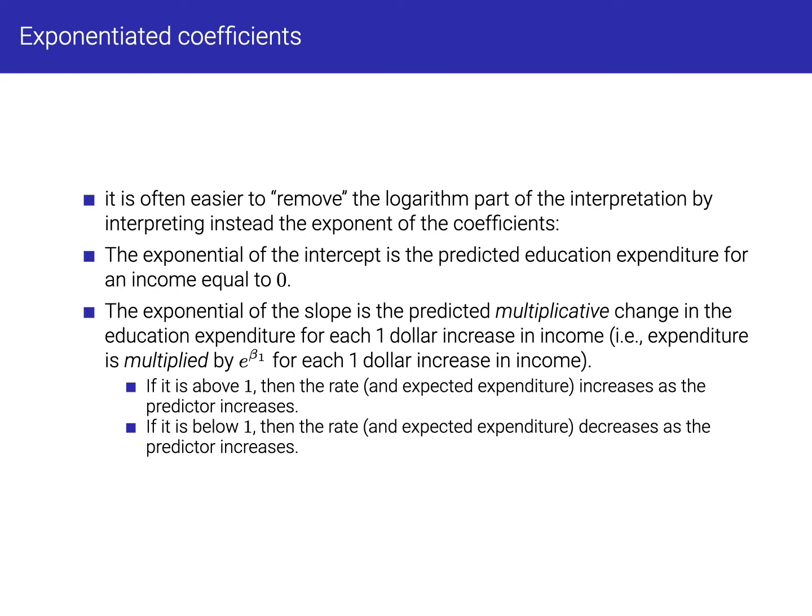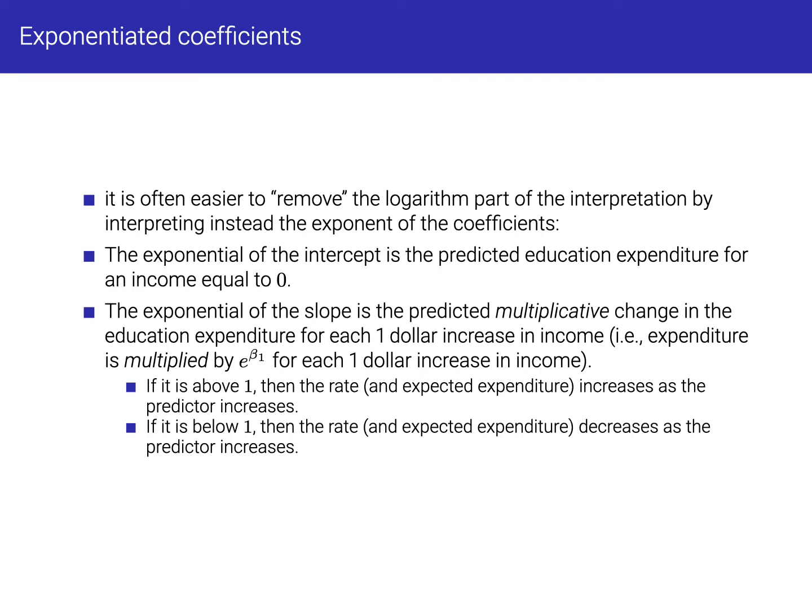And for the slope, the exponential of the slope is the predicted multiplicative change in the education expenditure for each $1 increase in income. So what that means is that expenditure is multiplied by this exponential of the slope for each $1 increase in income.